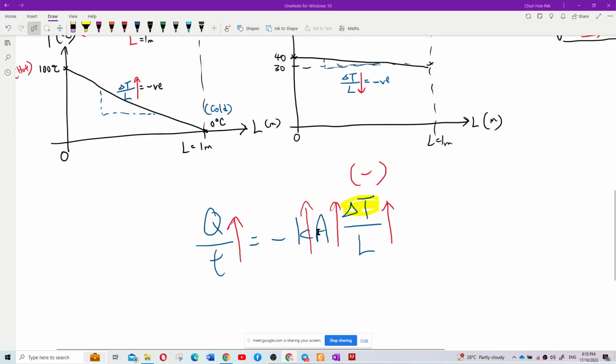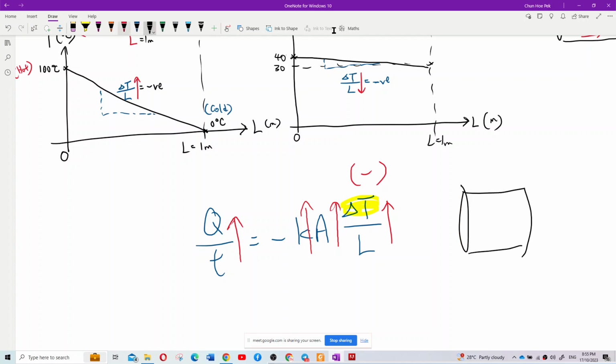Good conductor. What I can suggest is a big area.